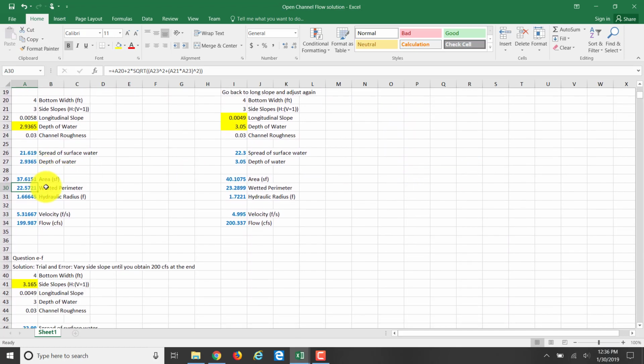So now I have the wetted perimeter. I divide these 2 numbers right here, and I get my hydraulic radius. This is just plugging in Manning's formula, which is 1.49 over N, which is the friction factor. Then I have my hydraulic radius, which I just figured out right over here. And that is to the 2/3 power.